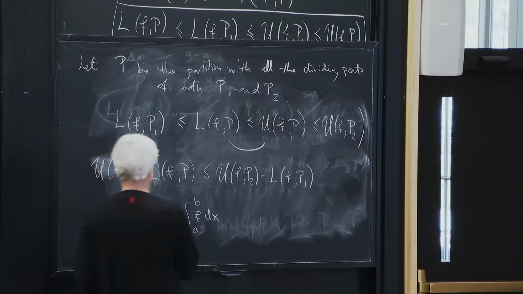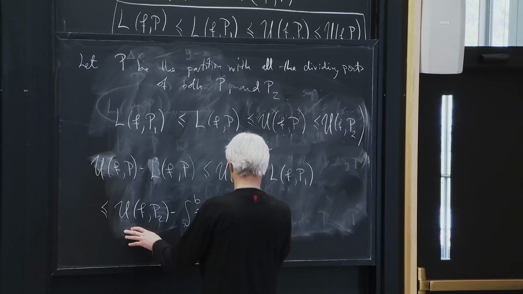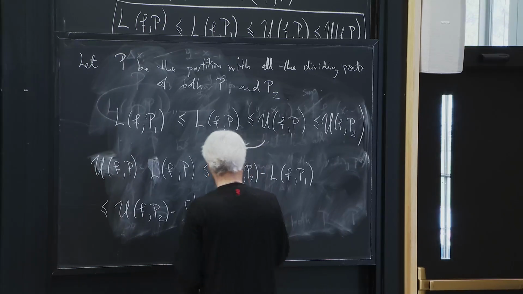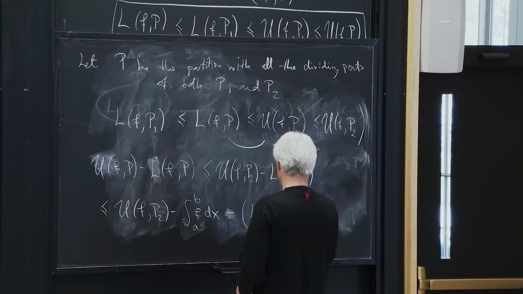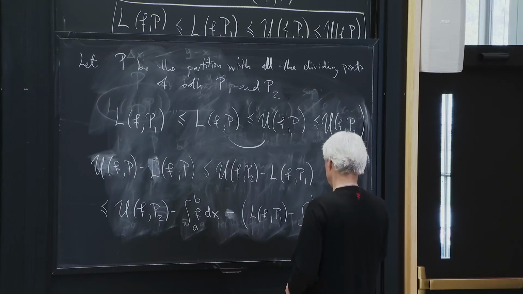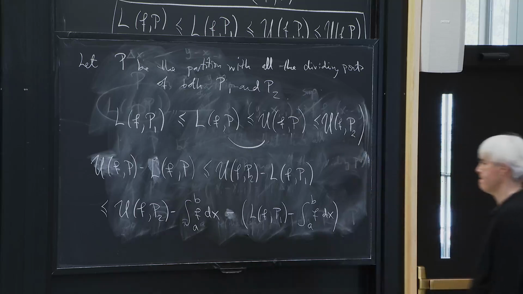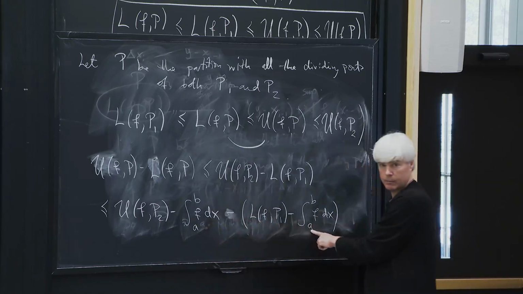So this thing here we can write as this plus, minus, sorry, L(f,P1) minus the integral here. Like that, right? I'm just subtracting and then adding back the same thing.